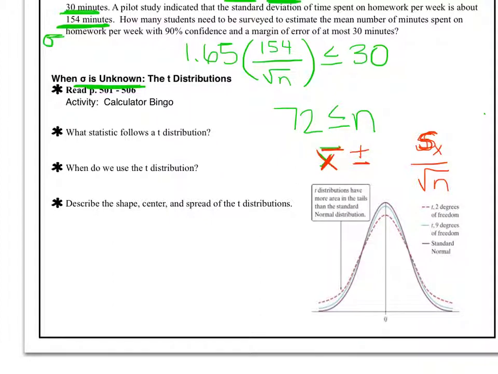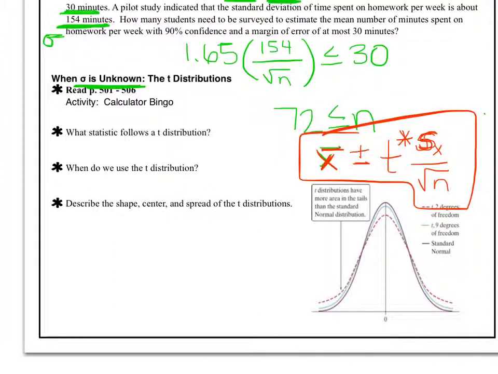So when we're using this, our critical value, instead of being a z-star, becomes a t-star. Okay, this still follows the same general formula. Statistic plus or minus critical value times the standard deviation of the statistic.